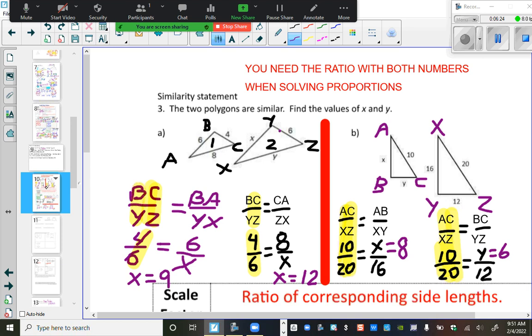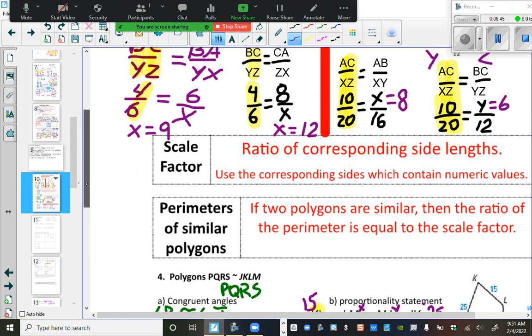All right. So again, you can letter if you want to, because some of the polygons are going to be in the same direction, but it's not going to be all the time. Some of the shapes are going to be a little different. And then your scale factor, I know we talked about scale factor for a little bit.